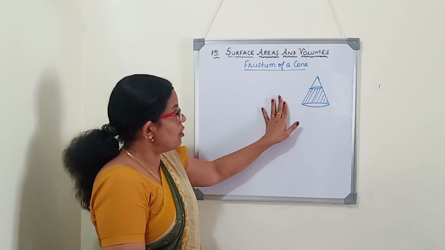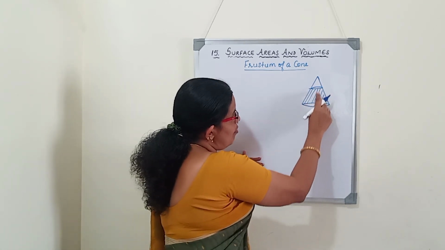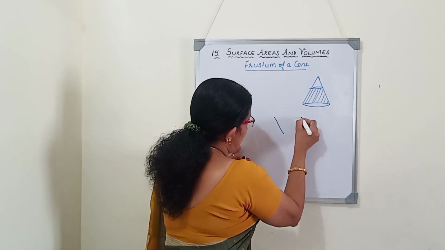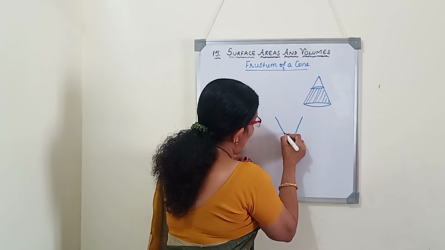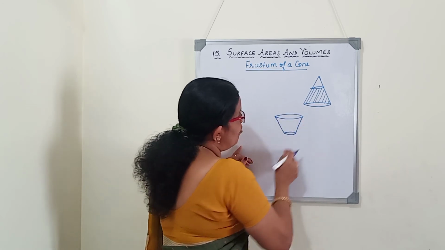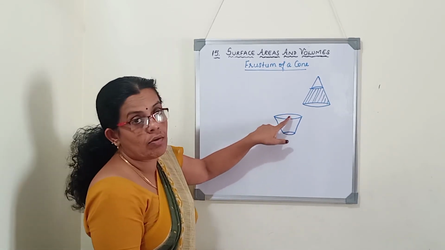So all the features of the frustum of a cone are related to the cone. If we draw it separately, examples for frustum of a cone are glass, bucket, flower pot. All are examples of frustum of a cone. It has two circular surfaces.